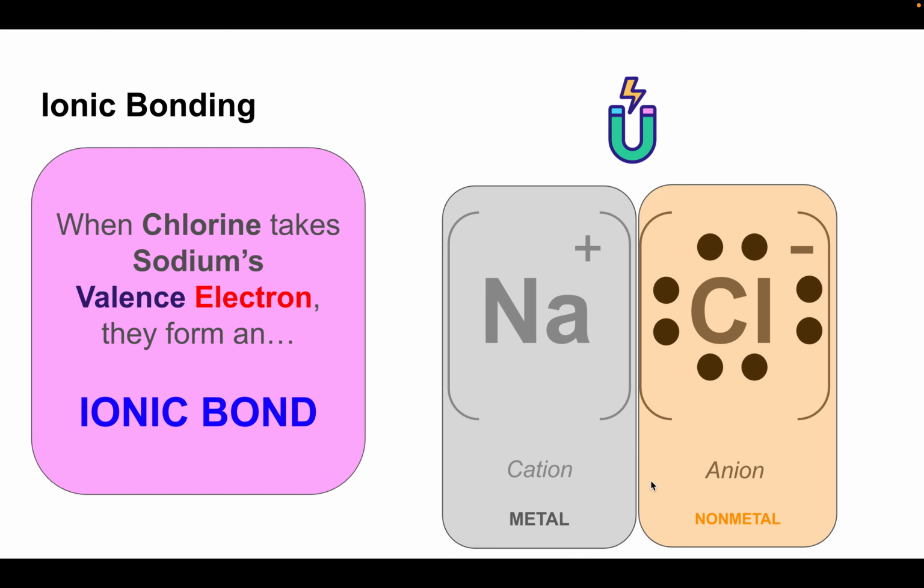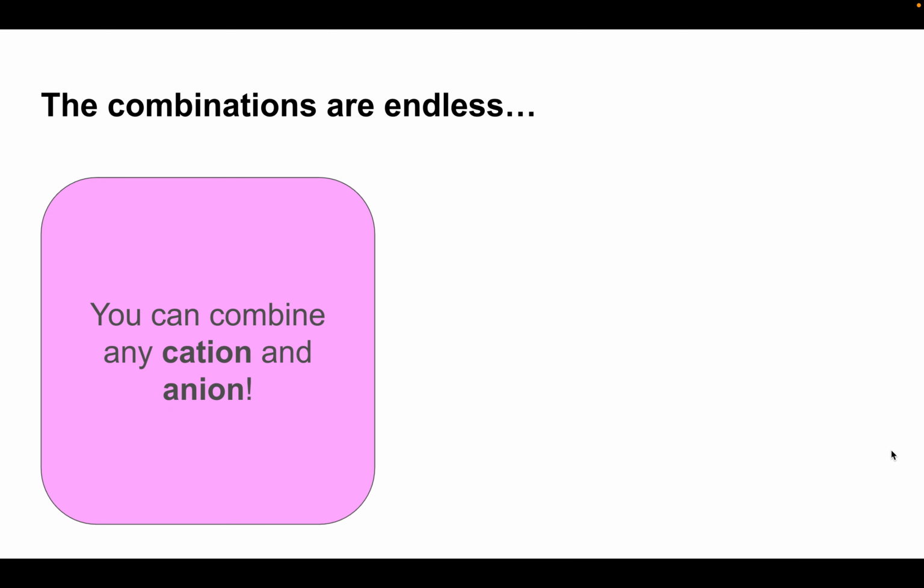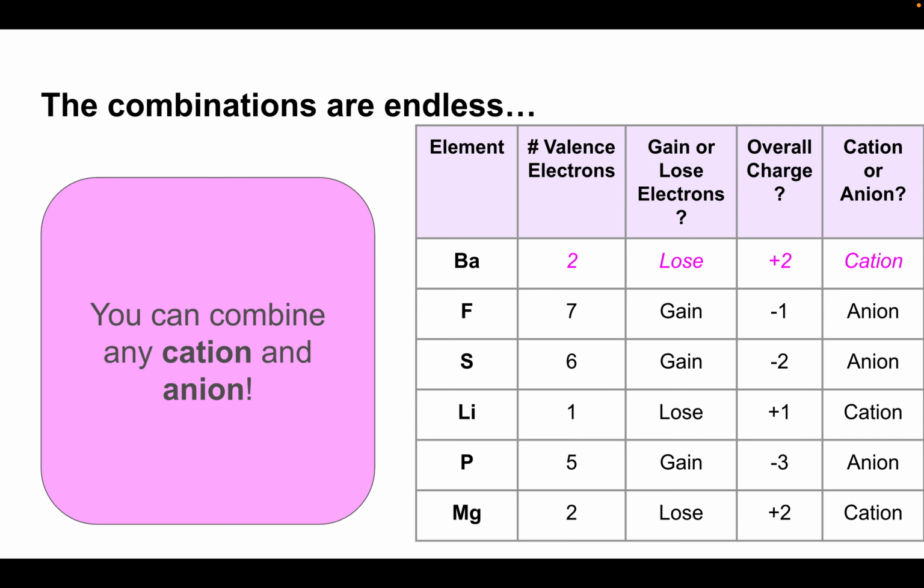Just remember that, because as we go into covalent bonding, it's going to be important that you understand that when you have a metal and a nonmetal binding together, they form an ionic bond. So the combinations are endless. You can combine any cation and anion together to make an ionic compound.